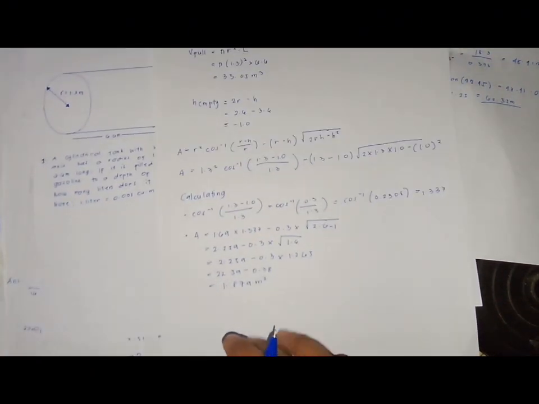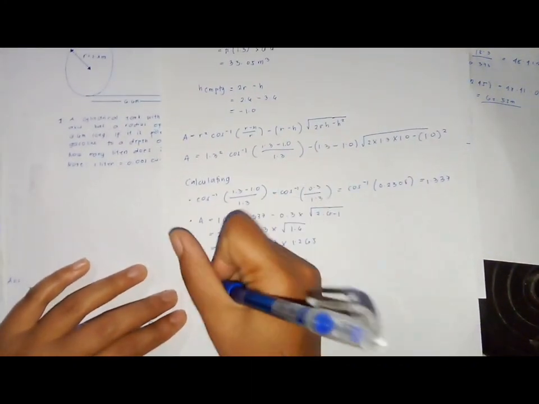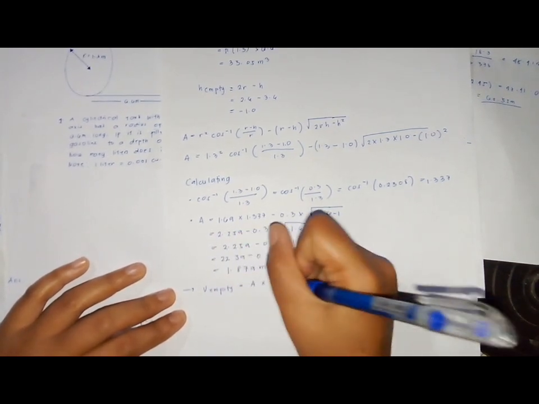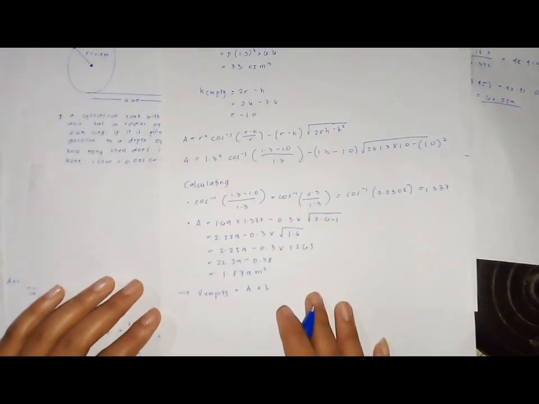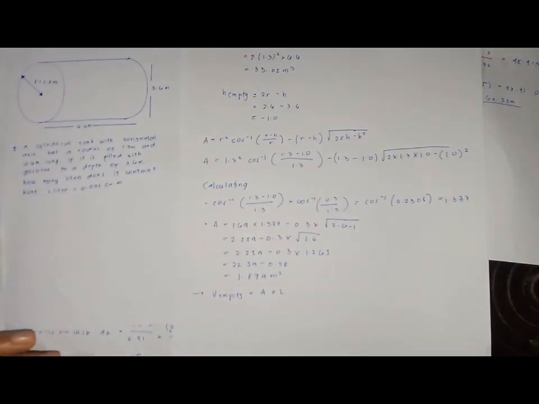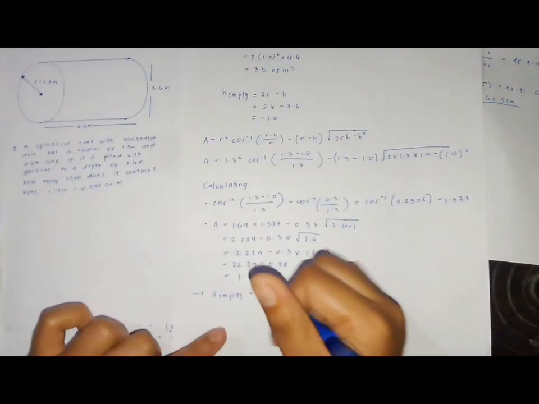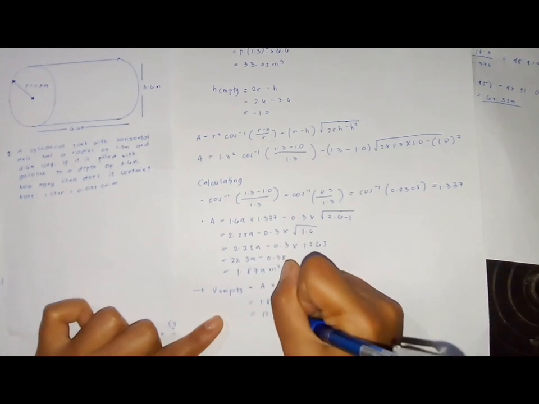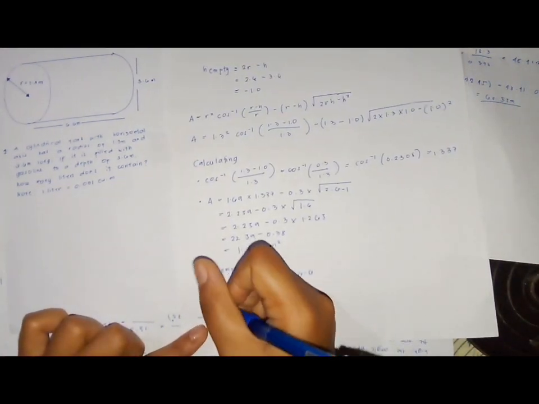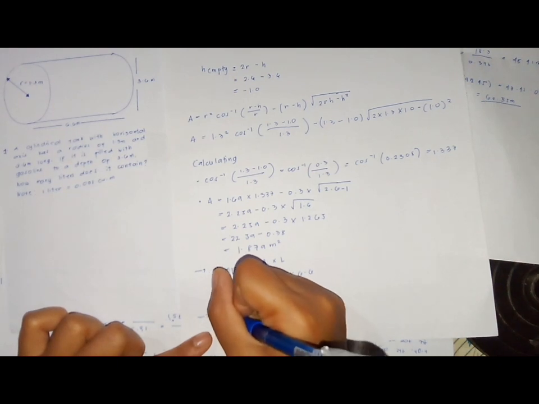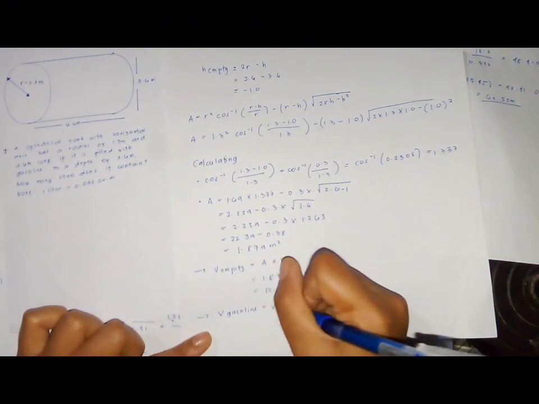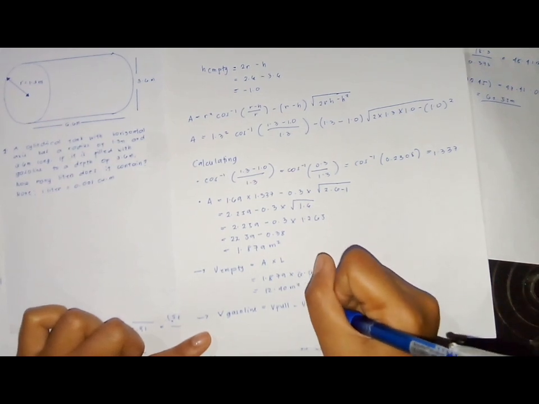So then the volume of the unfilled segment, the empty segment, V empty, is A times L. The area and its length: 1.879 multiplied by 6.6 is equal to 12.40 cubic meters. The volume of gasoline is equal to V full minus V empty.